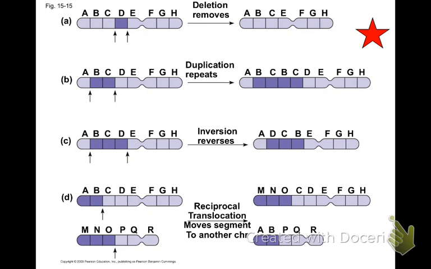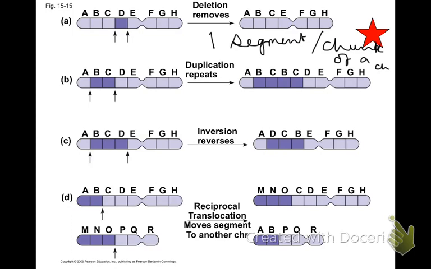In this particular case, what has happened is one segment or chunk of a chromosome is extra, lost, inverted, or reciprocally translocated, and you will have a ton of problems along with that.